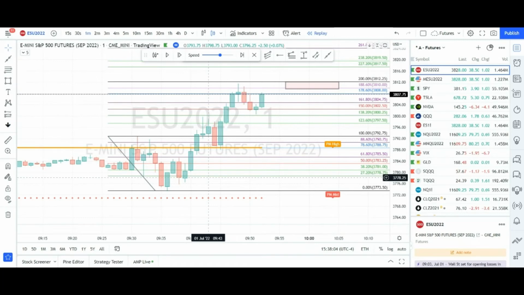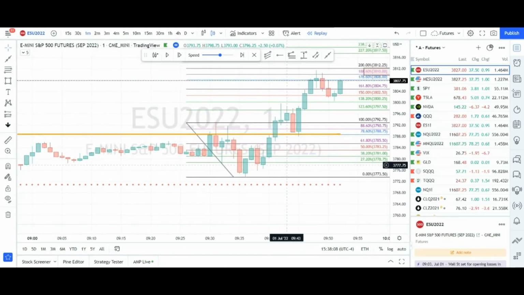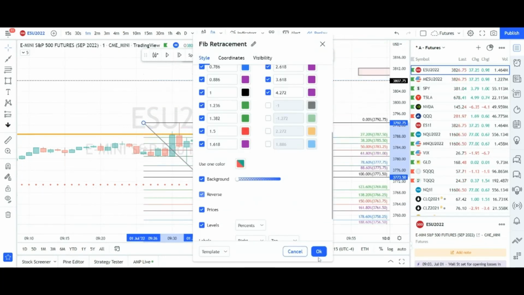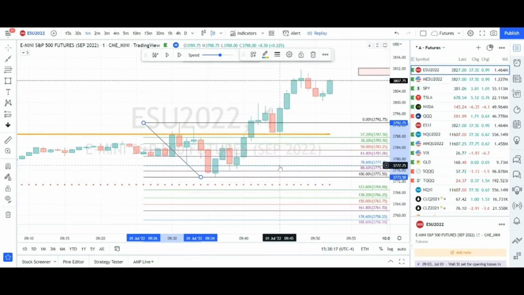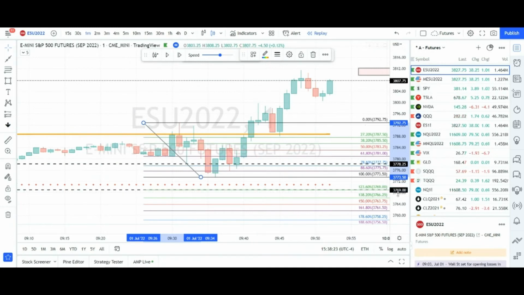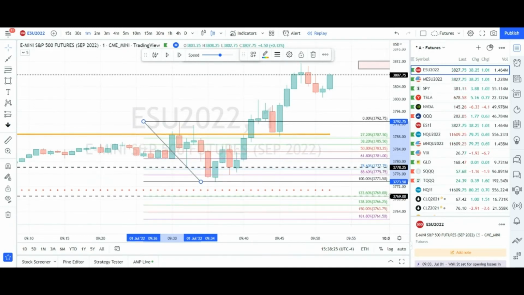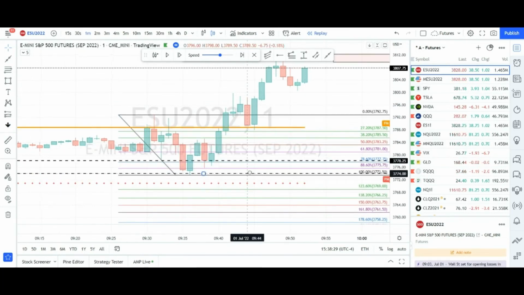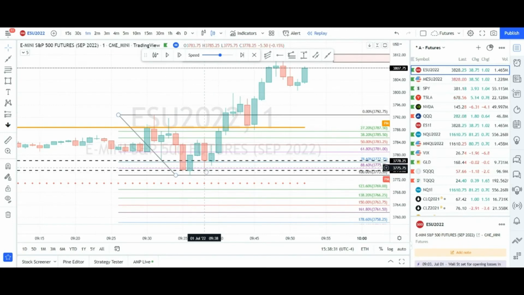If you are in this trade, even after market open, suppose you are in the trade almost above 88.6, 78.6, suppose here your stop loss is below even this line. This is a big stop loss, 9 points. I don't want to go with this one. What I will do, I will just put the stop loss below the previous low.